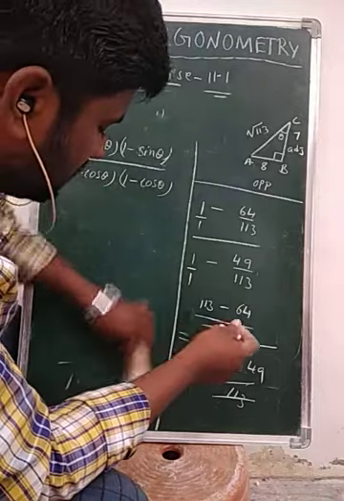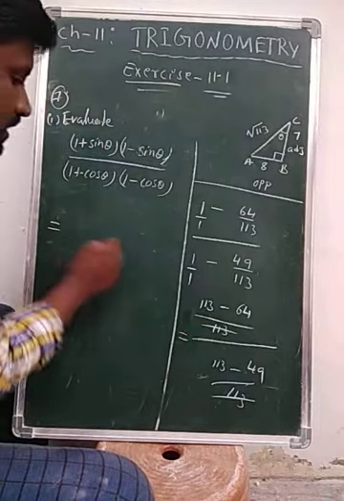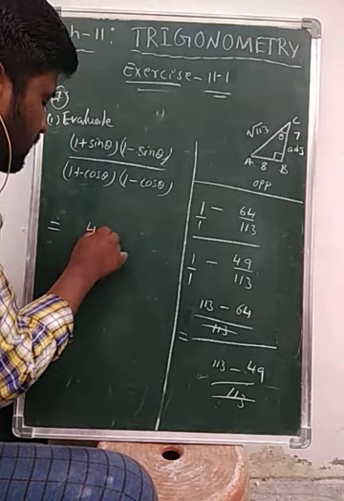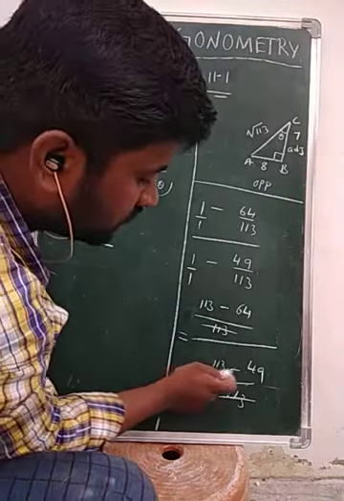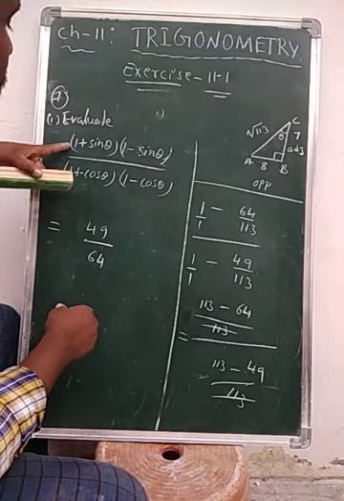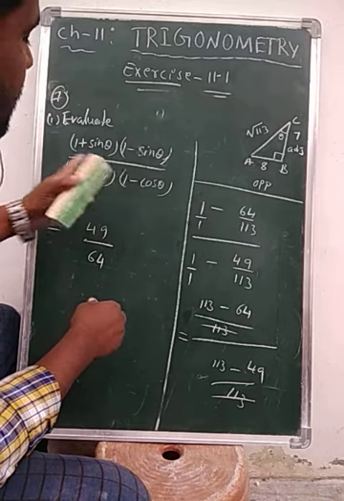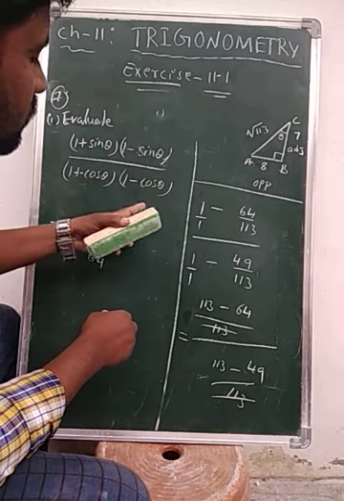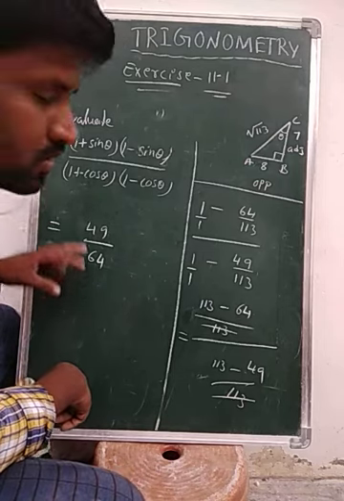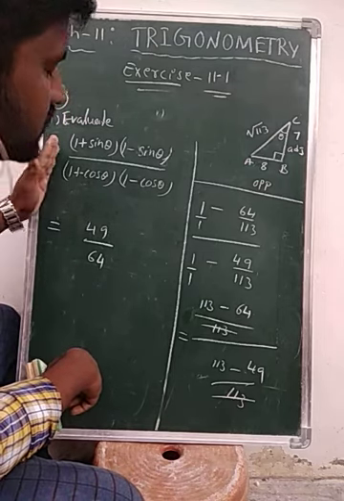We get the final answer: 113 minus 64 means that is 49, by 113 minus 49 means 64. So therefore 1 plus sin theta into 1 minus sin theta by 1 plus cos theta into 1 minus cos theta is equal to 49 by 64. So this is the required answer for this question.